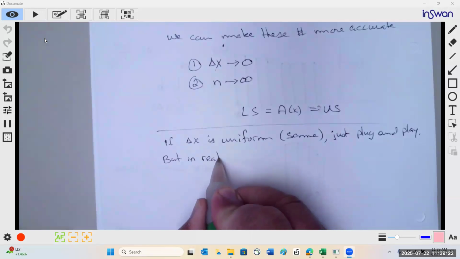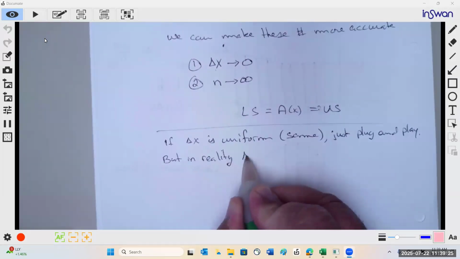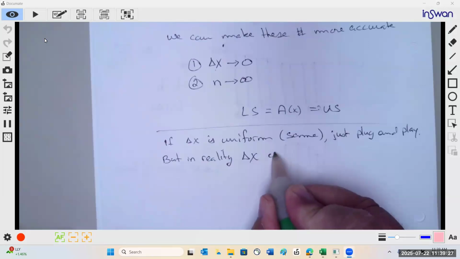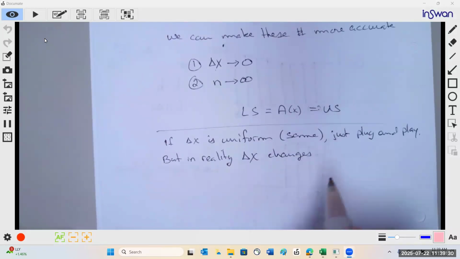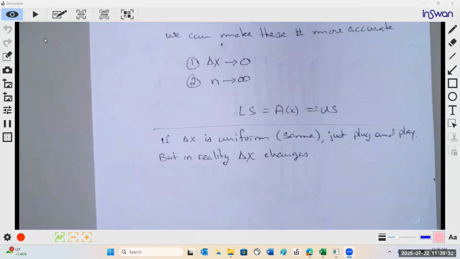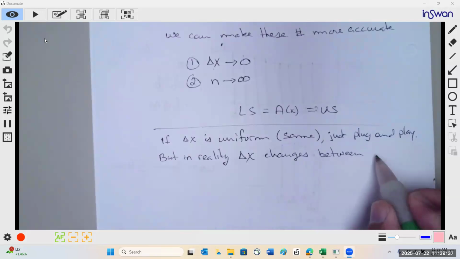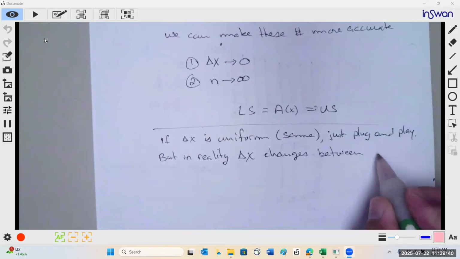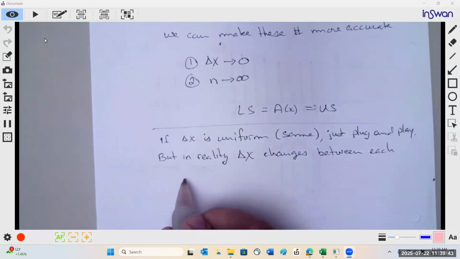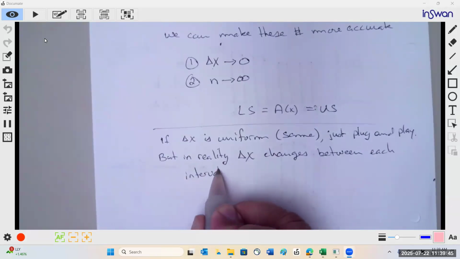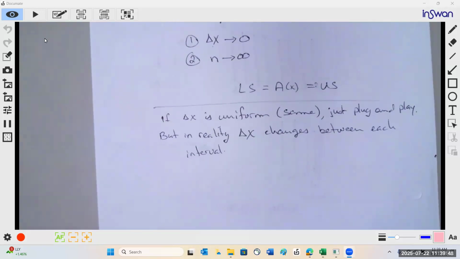But in reality, delta x changes between each interval. So the question is now, how do we fix that? And that's what this whole topic is about today.